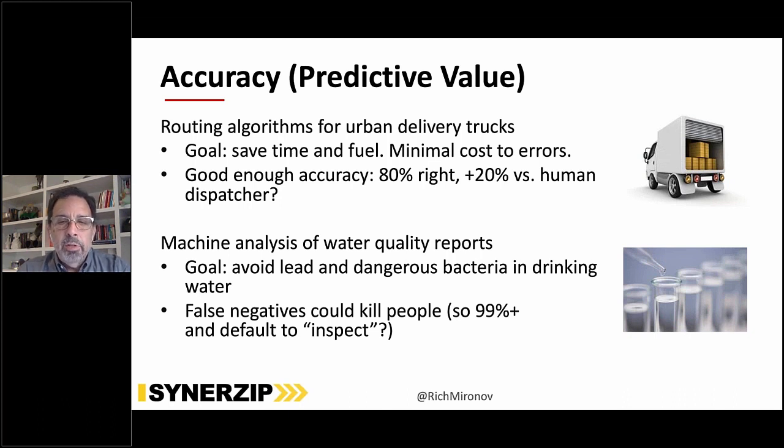If we sample a pipette full of water here and we tell the world that it's okay and people drink it and die, that's a pretty bad outcome. Whereas if we raised a bunch more suspicions because we were going to turn all of the suspicious samples over to humans to retest, the cost of a false positive is pretty low. So again, notice we're mixing both accuracy and the false positive, false negative question here.